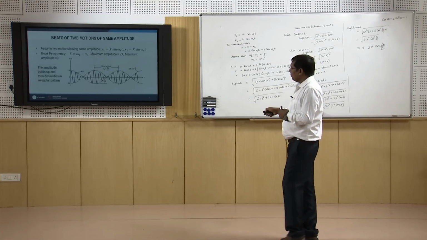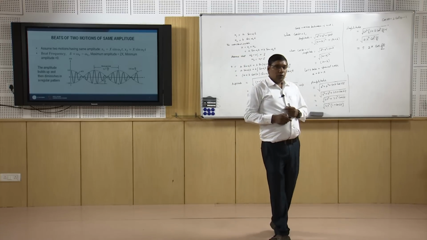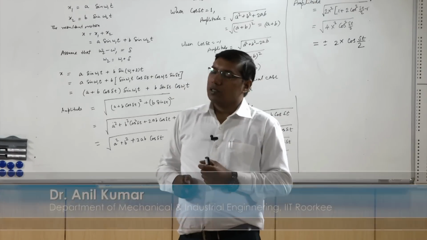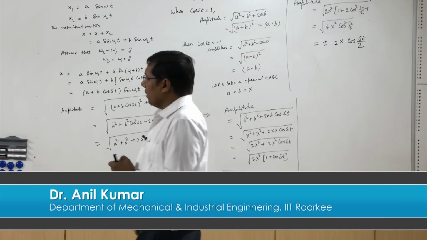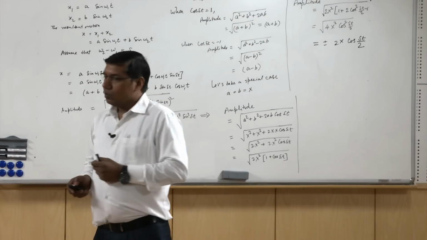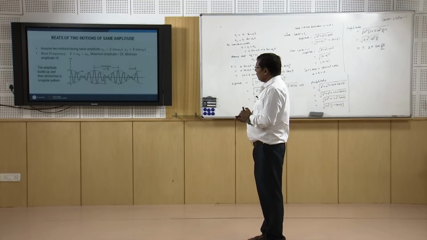So, therefore, whenever there are two harmonic motions with close frequencies, they will show the beats phenomenon, where the amplitude will build up and then it will diminish in a regular pattern.